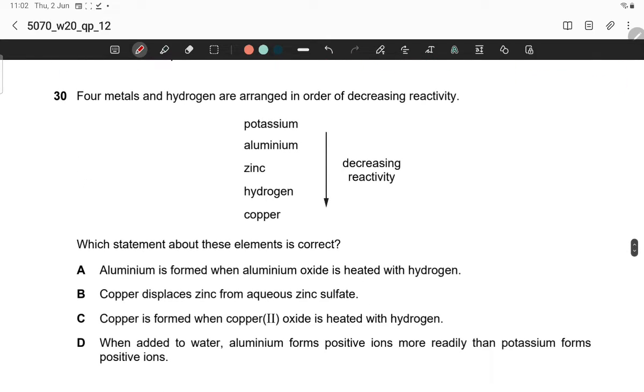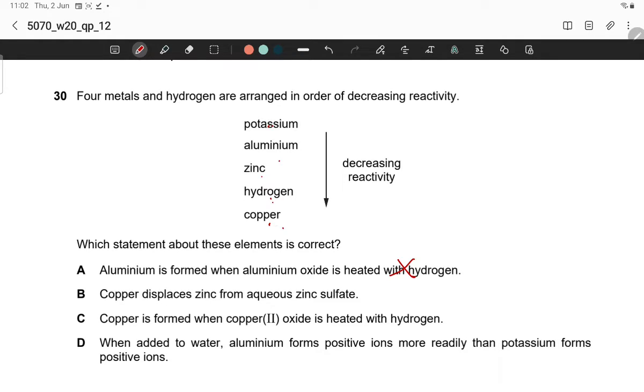Four metals and hydrogen are arranged in the order of decreasing reactivity: potassium, aluminium, zinc, hydrogen and copper. Which statement about these elements is correct? Aluminium is formed when aluminium oxide is heated with hydrogen. No, aluminium is formed when aluminium oxide is electrolyzed. Copper displaces zinc.